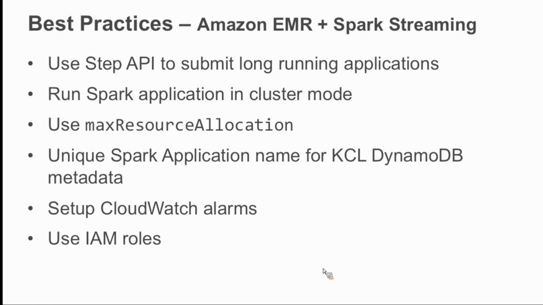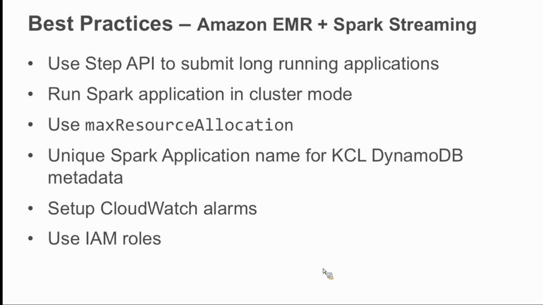And then best practices around EMR and Spark streaming on the Kinesis consumption end. Use a STEP API to submit long-running applications. It's a convenient way to do that. Run the Spark application in cluster mode as opposed to client mode. Use the maximize resource allocation. That will be the most efficient for Spark.